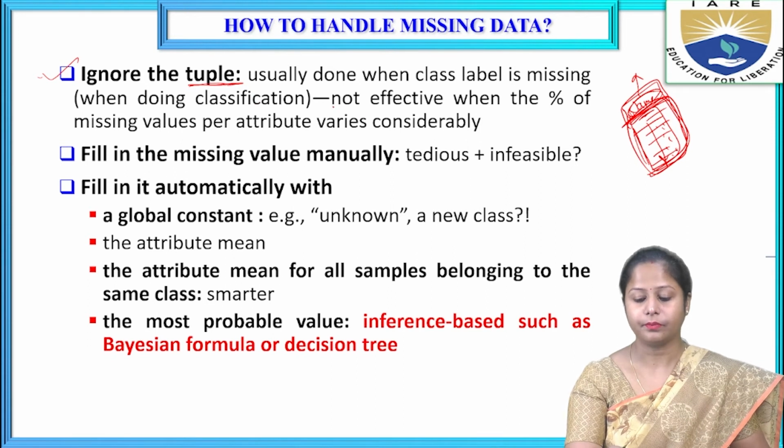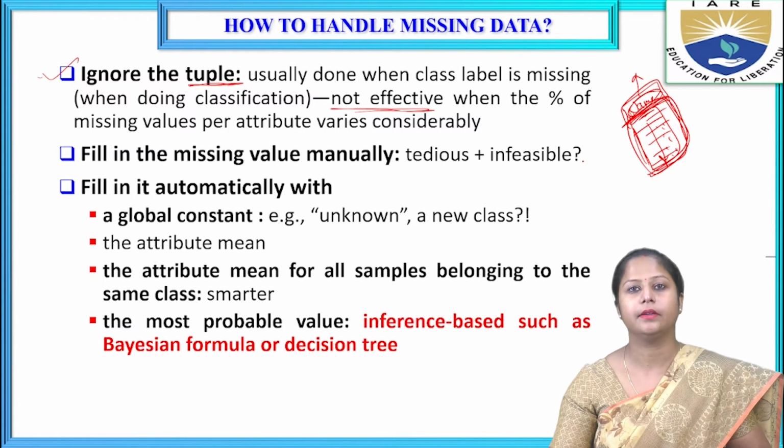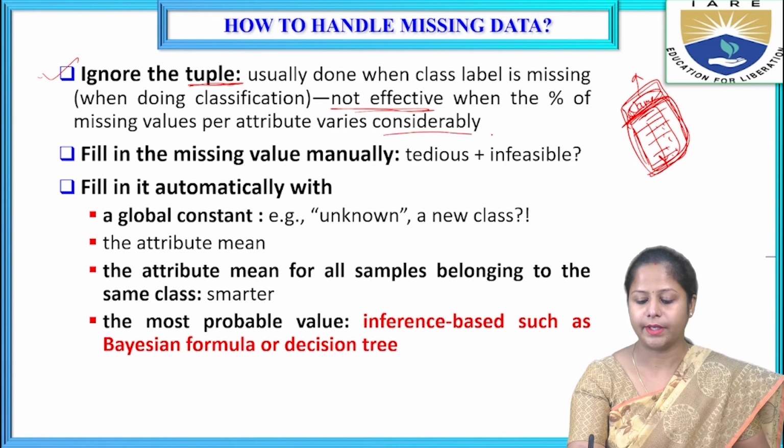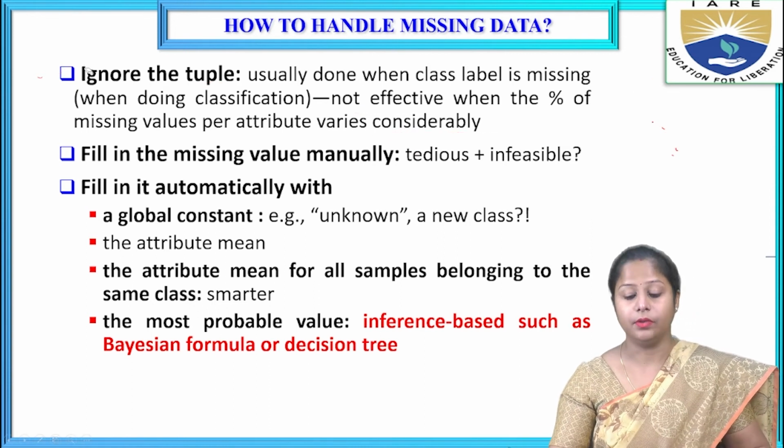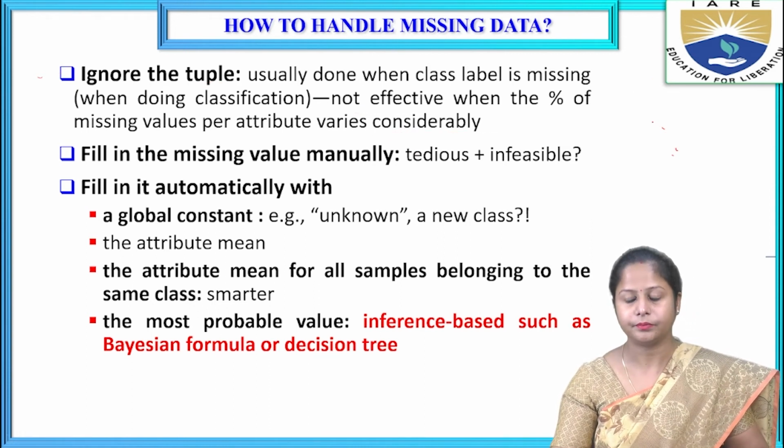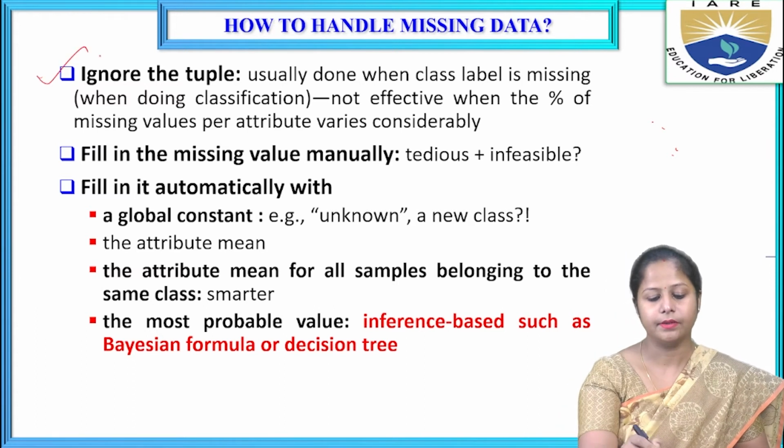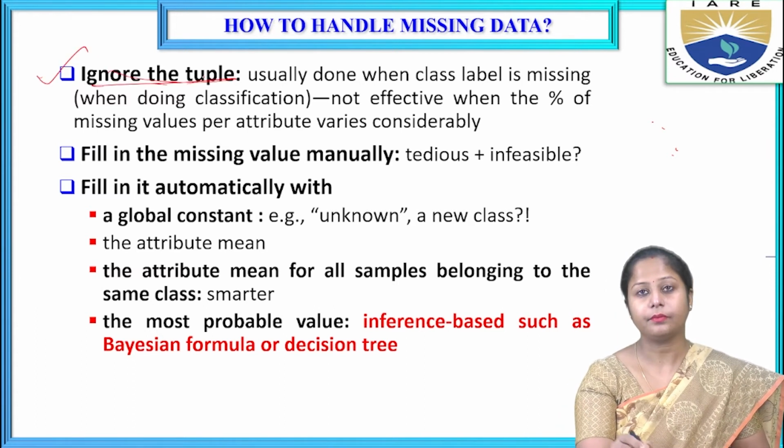Usually that will not be effective when the percentage of missing values per attribute varies considerably. So how to handle missing data? The first example is ignore the tuple. What is a tuple?